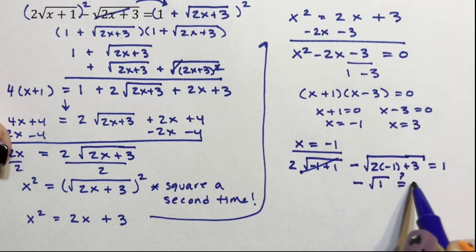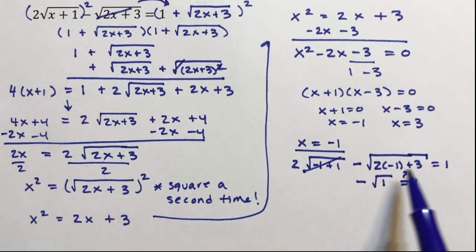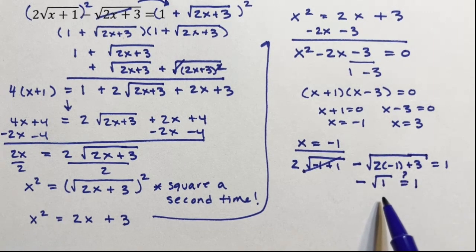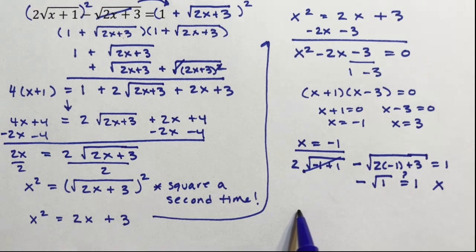Does this equal 1? So you see right here, when we squared, this is negative 1 and 1. This is not equal. When we squared it, we lost the negative. So by squaring twice, we got a false positive. So that doesn't work. We definitely did not have that as a solution.